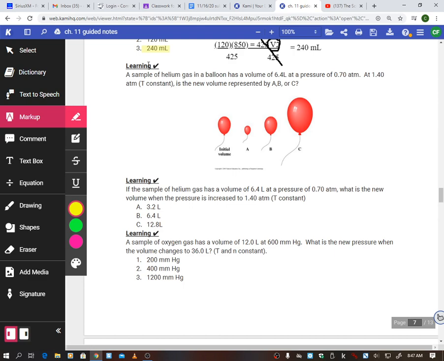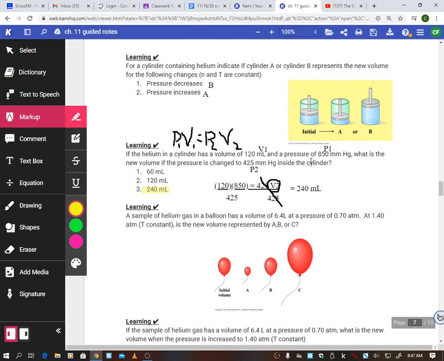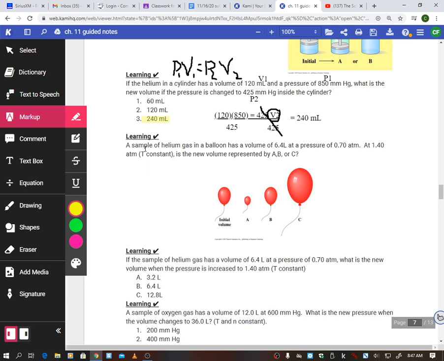All right, the next learning check is not a math problem. It's kind of similar to this first one up here with the cylinders. It says a sample of helium gas in a balloon has a volume of 6.4 liters at a pressure of 0.7 atm. At 1.4 atm, is the new volume represented by balloon A, B, or C? So this is my balloon that I have right now. I change the pressure.